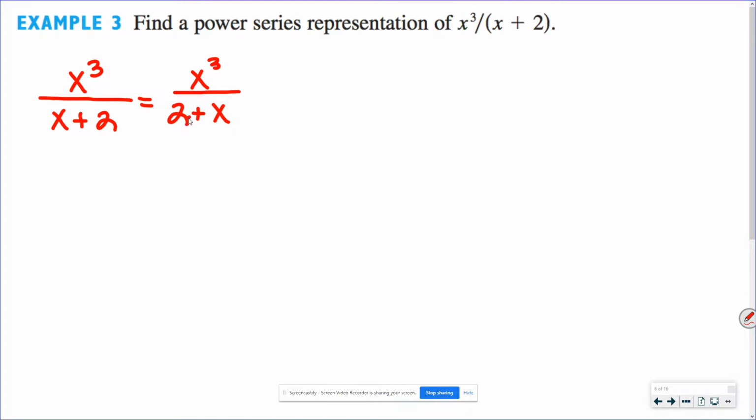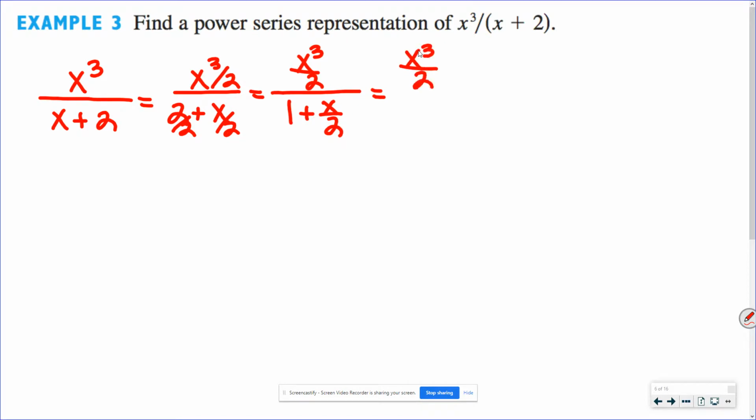So I'm going to start with I need a 1, so I'm going to have to divide everything by 2. And then I'm going to have to change it to a minus, so I'm going to have a double negative. And I think I'm set.